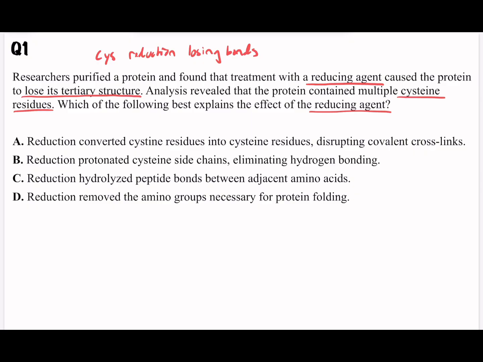And so immediately, without even looking at the answer choices, we're able to apply our knowledge from the previous videos because we know that reduction occurs when a disulfide bond, so one cystine with an I, goes back into two cysteines.